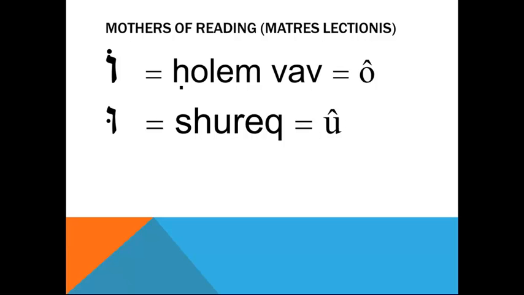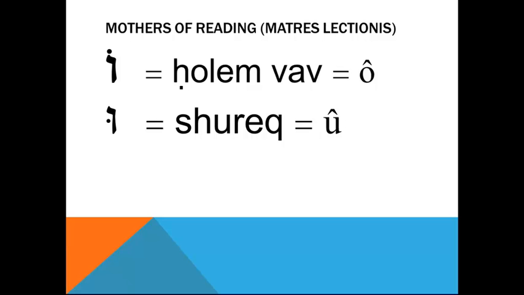Now the vav doesn't double. There is no such thing as a doubled vav. I think I'm remembering that right. I hope I'm remembering that right. But basically, here's how you tell that it's a vowel.